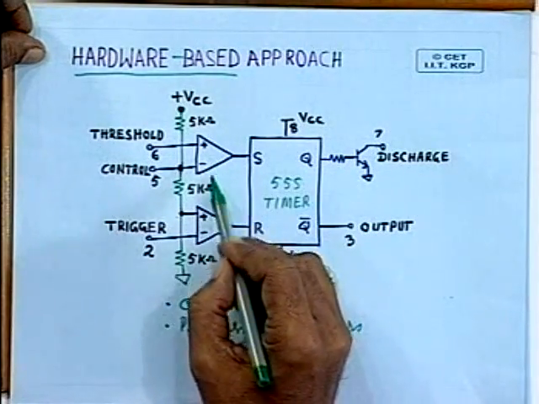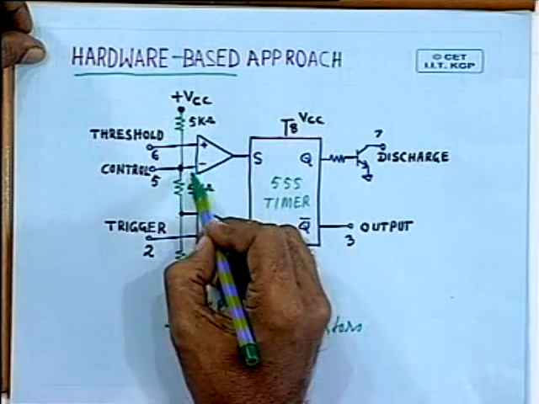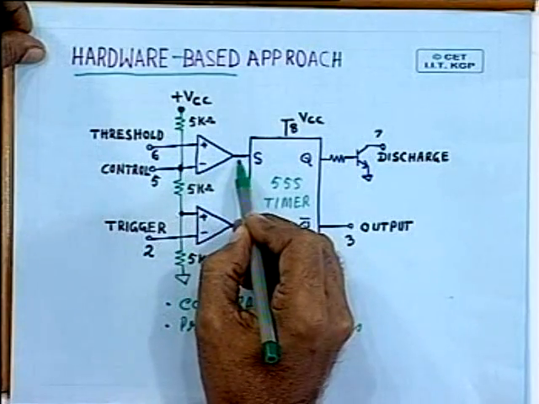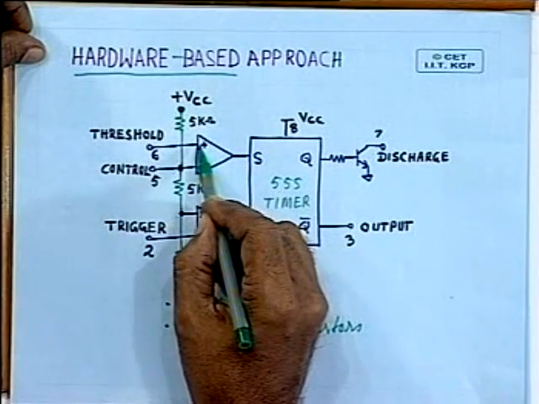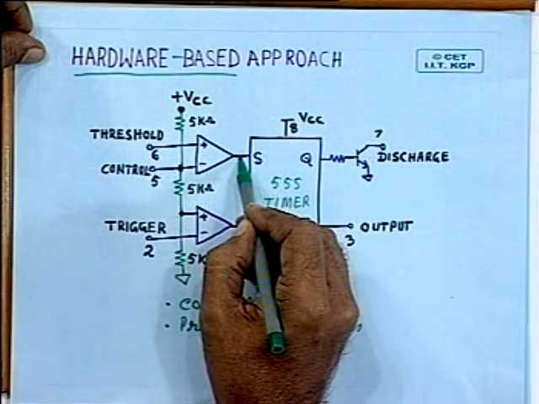You have got two comparators. As you know, in case of a comparator, inputs are analog in nature, and output is digital. And for a comparator, when the positive input is higher than the negative input, then output becomes 1.